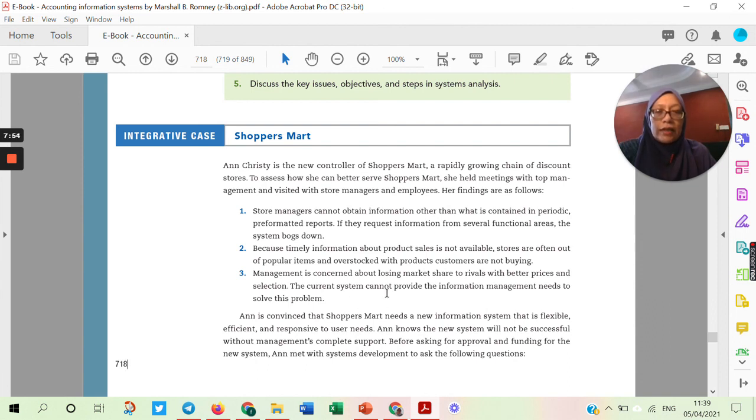So the current system cannot provide the information management needs. So if we look at the example of ShopperSmart, those are the reasons for the changes that need to be made to the current system, because they need a new system that is more flexible, efficient and responsive to the users' needs.